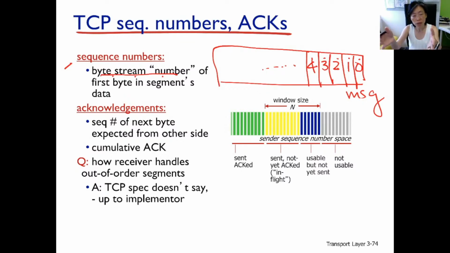When such a message arrives at the transport layer, the TCP sender is going to what? Break it down into smaller parts. Let's assume that the first segment contains only 3 bytes of data. In the header here, the sequence number is going to be the byte stream number of the first byte of data, which is 0.